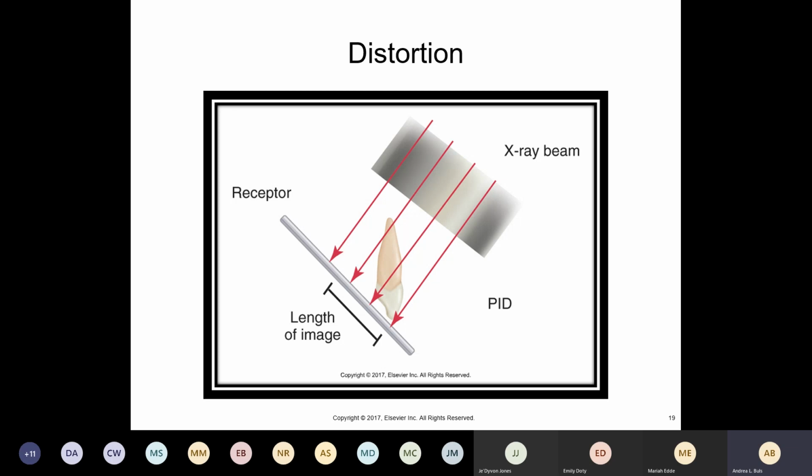I'm just showing you, when you look at this tooth with this film laying at an angle as it is here, that black line shows how the tooth would be imaged on that film. You can see how short it is. So that's foreshortening, because the angle of the film and the PID were not parallel to the tooth.